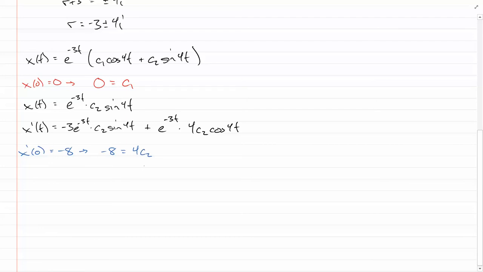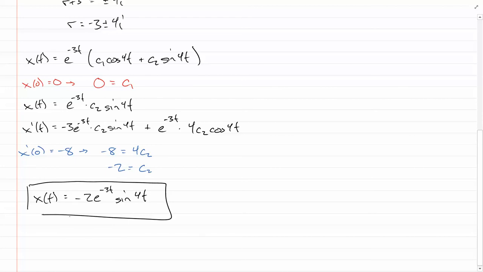So this tells us that c2 would be -2. Okay, so our actual solution here is x of t equals, I just plug in -2 for c2, so it's -2 e to the -3t sine of 4t. That's what our solution looks like.